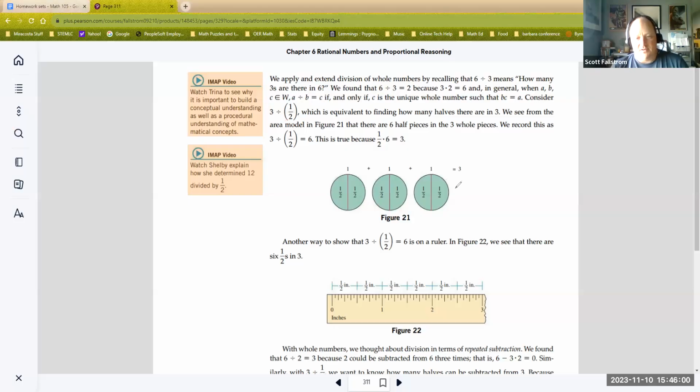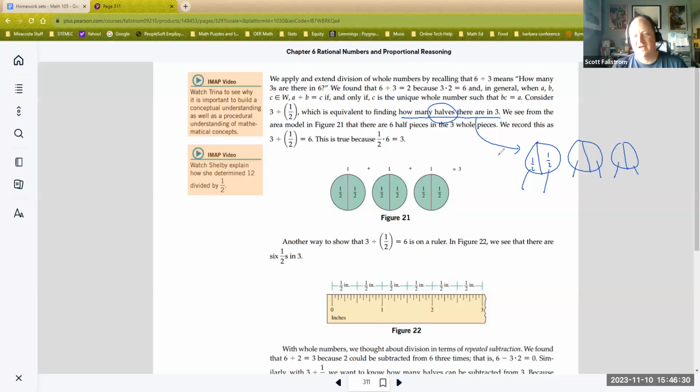So let's take a look. So this one here is how many halves are there in 3? So what this one ties back to is the idea of take 3 whole objects, you can use circles if you want, and take a half and say, okay, there's 1, take another half, that's 2, take another half, that's 3, take another half, that's 4, there's 5, and there's 6.